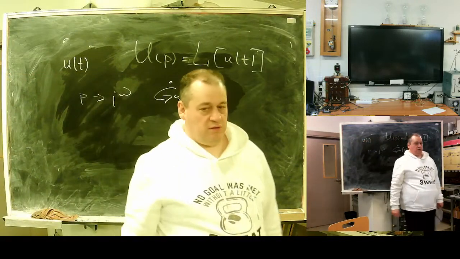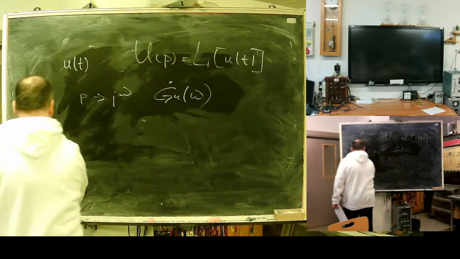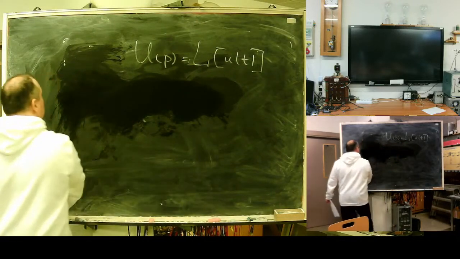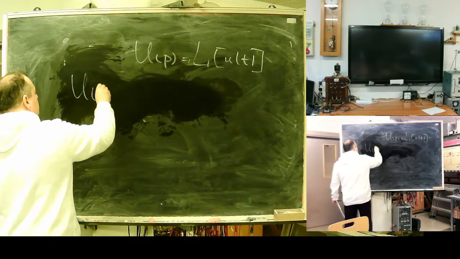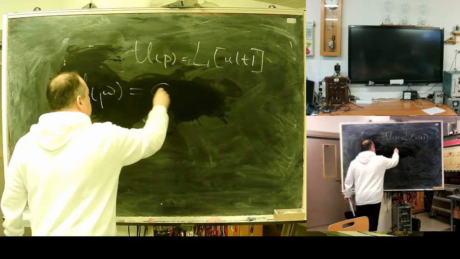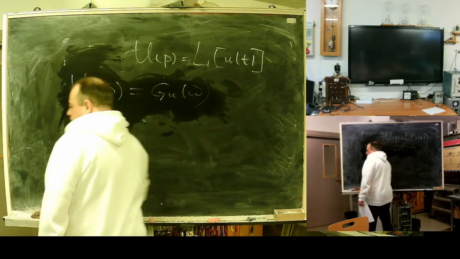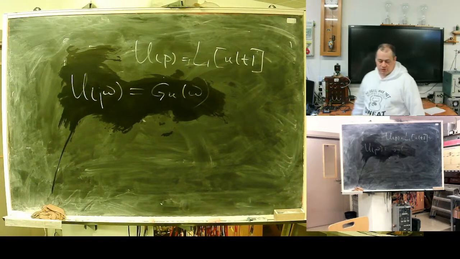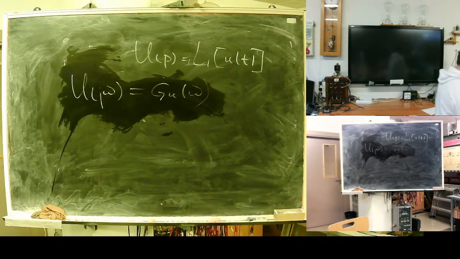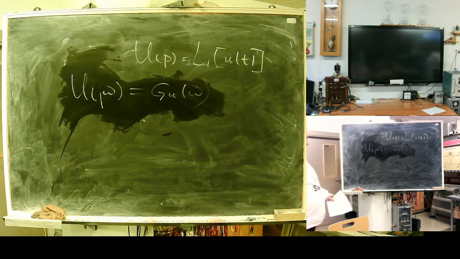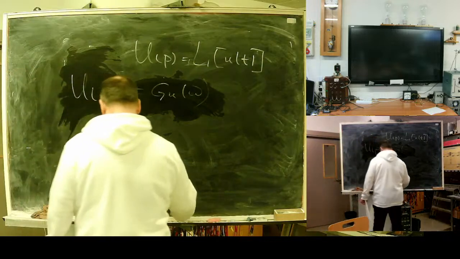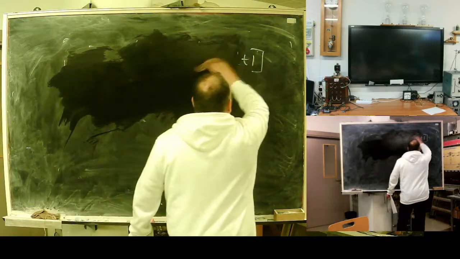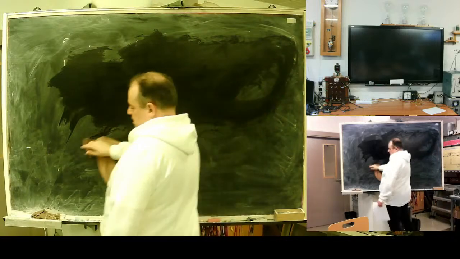So the image equals the spectral function. Simple. If you have a Laplace image, put your jω instead of p or s, depending on notation, and you will get the spectral function. Laplace transform is a more general form of Fourier transform.